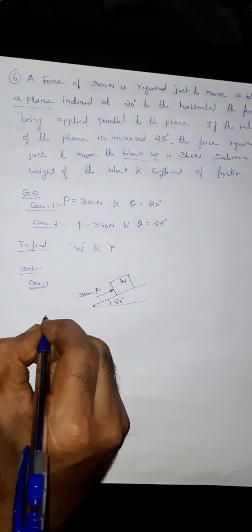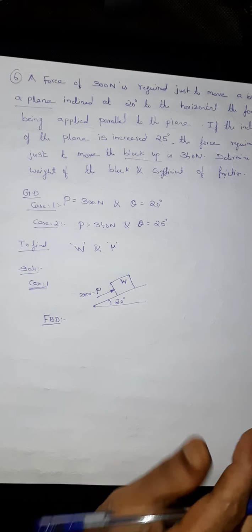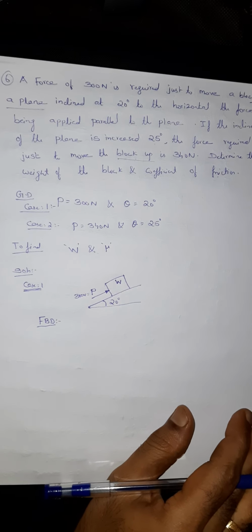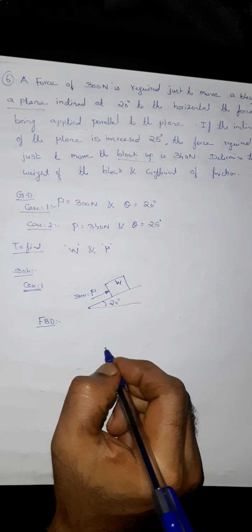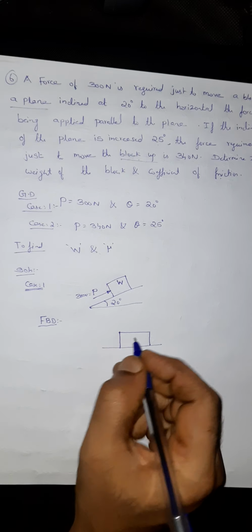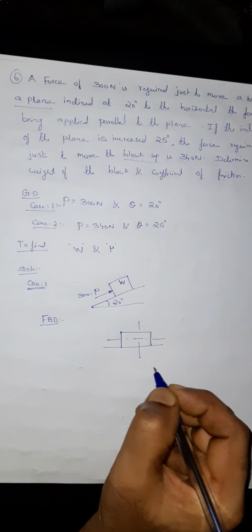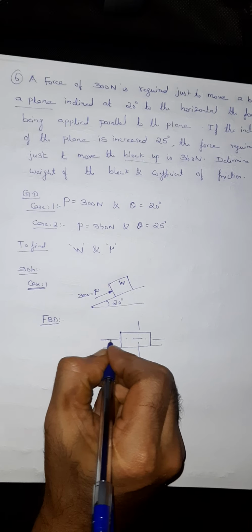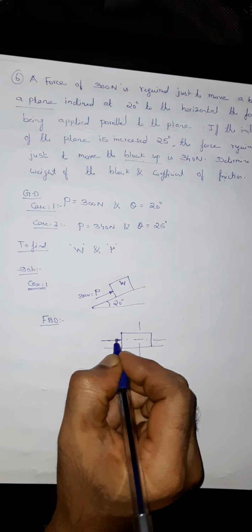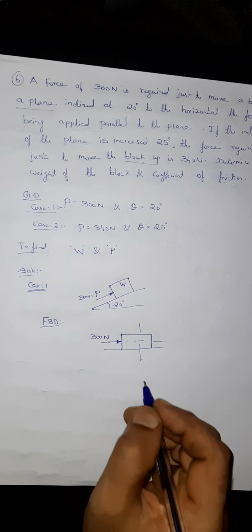Now I am going to draw the FBD, the free body diagram for this picture. I am considering this as the horizontal x-axis, and this is the y-axis. Now this is the P, which is 300 Newton, correct?